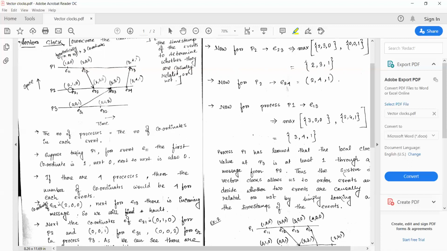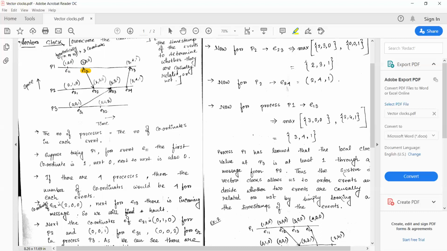Next we come to E21. Before E21, we can come to E12. There are also no incoming messages, but there are outgoing messages. So for E12, what is the value of the coordinates? There are no incoming messages, so P2 and P3 are 0.